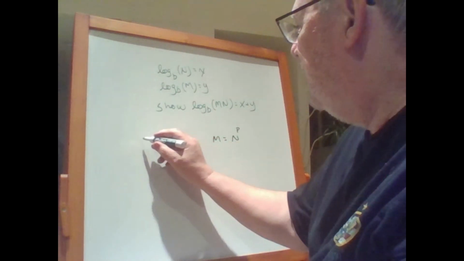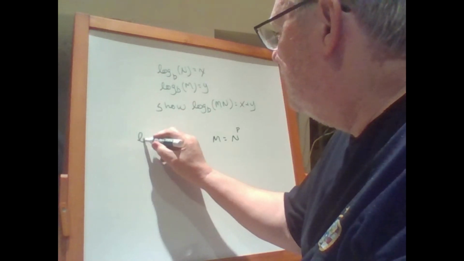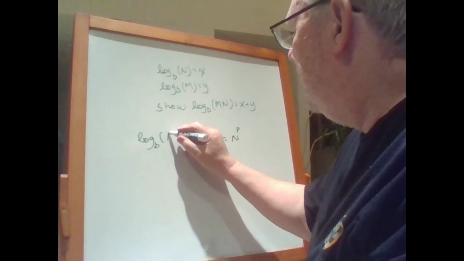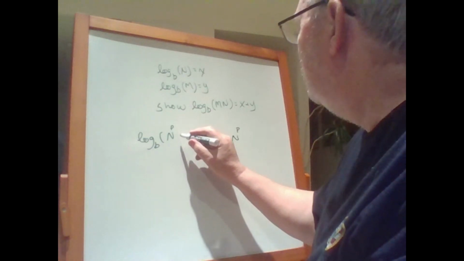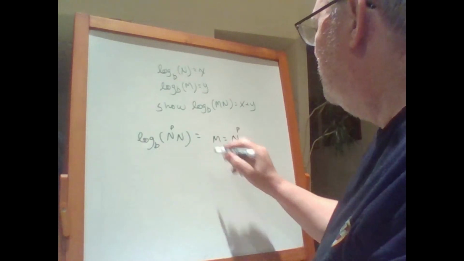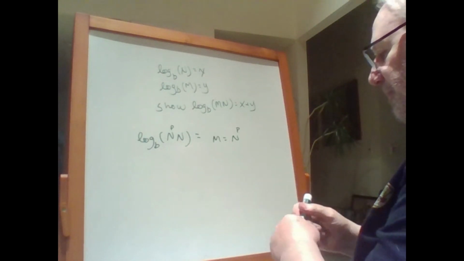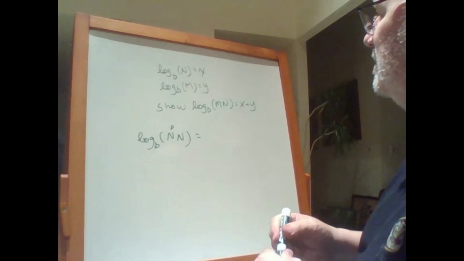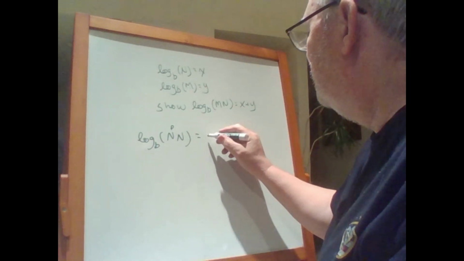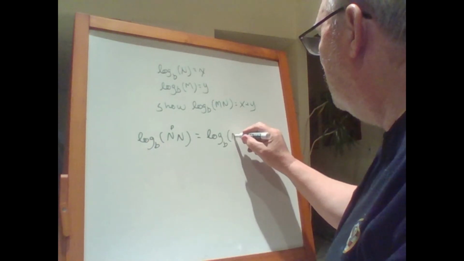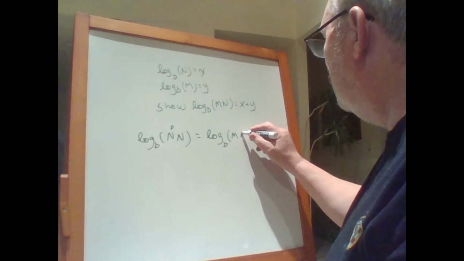So we have log b of n to the p times n equals log b of m times n.